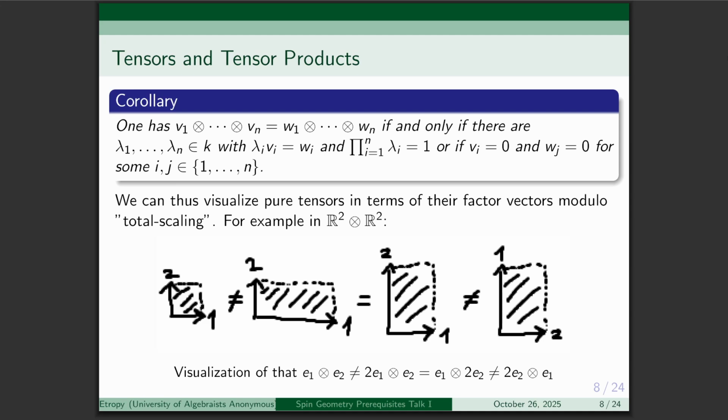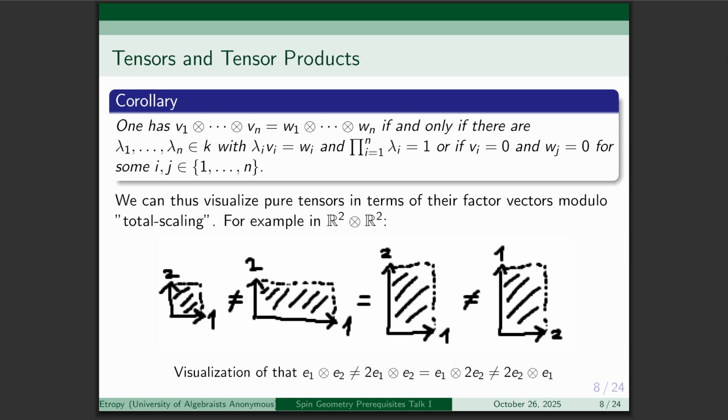You can have different vector spaces you can tensor with each other. And so, in general, it does not even make sense to say that a tensor b equals b tensor a for pure tensors. If your base space is the same, meaning the base vector space that you make tensors out of, for example if you take R2 and tensor it with itself, then of course it makes sense to say that a tensor b equals b tensor a, but fundamentally there's no reason why that should be.